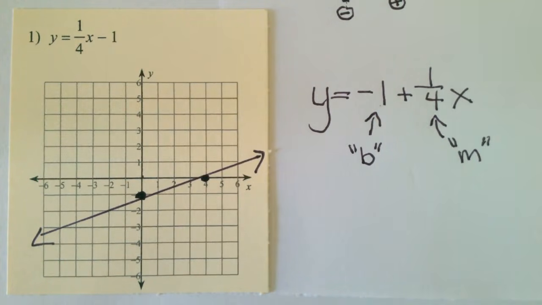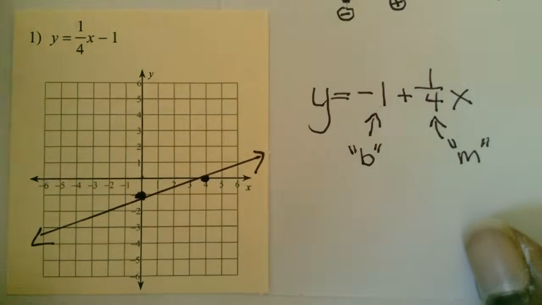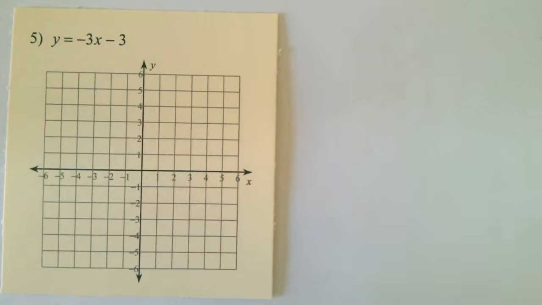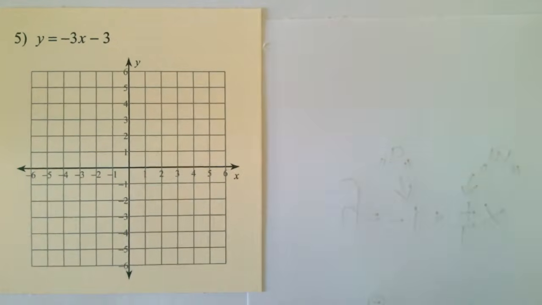Okay? Let's try one. Why not? We can do whatever we want. Let's try this one. So we have y equals -3x minus 3. Alright. So if we recall, we have our slope-intercept form.